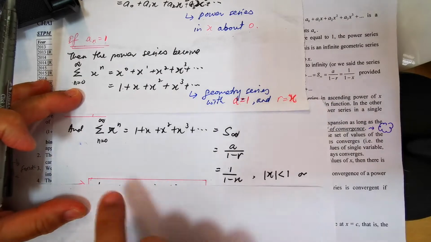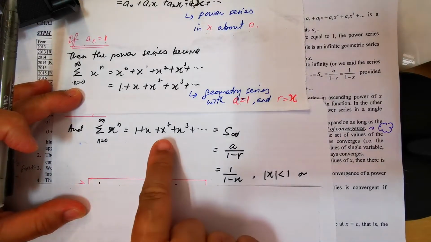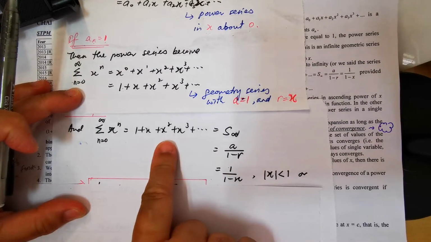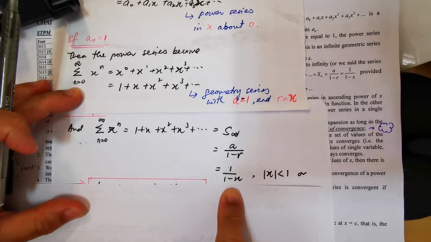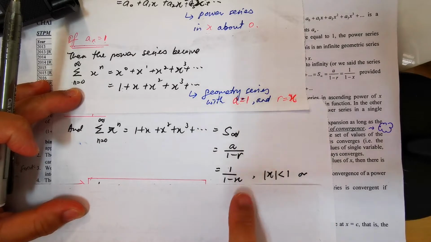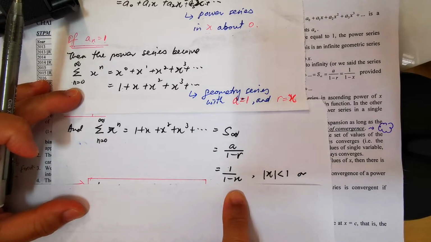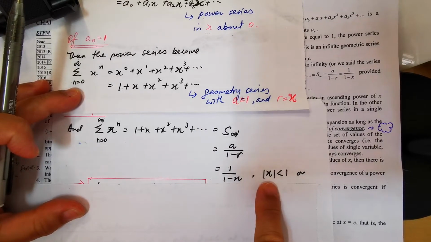All right, therefore this summation becomes this series, and this series can be simplified into just a function. See, this series can be simplified into this function, provided the modulus of x must be less than 1.